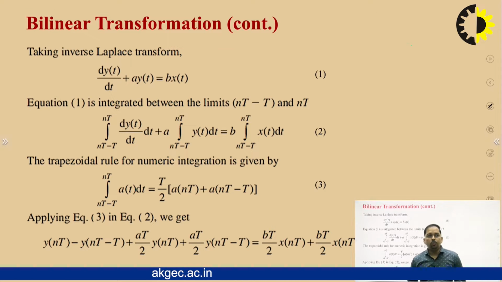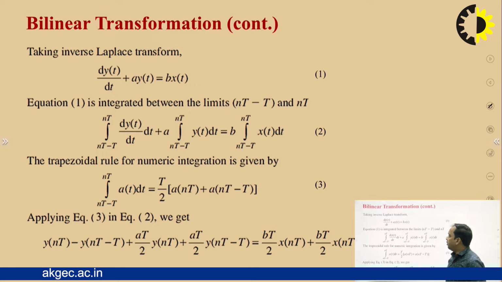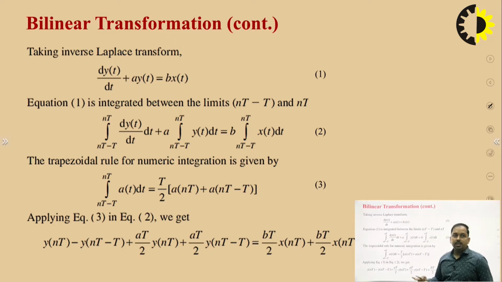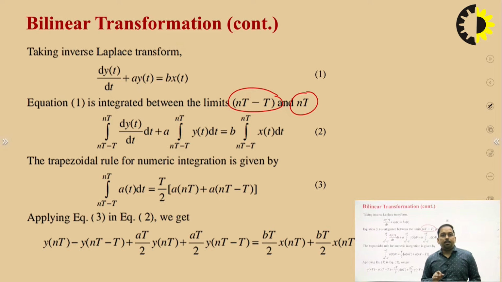Now we perform integration on both sides between the limits nT minus T and nT, because we are moving from the analog domain to the discrete domain. On equation number 2 we apply the limits and the trapezoidal rule.